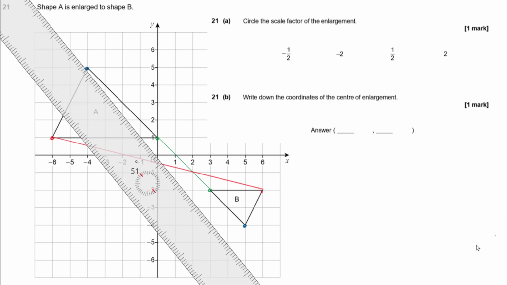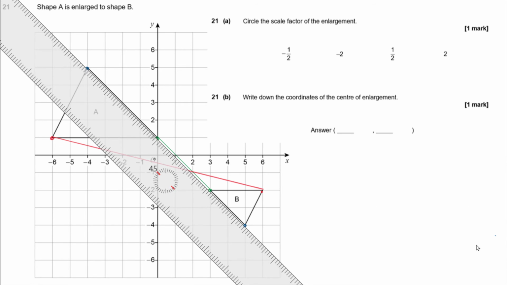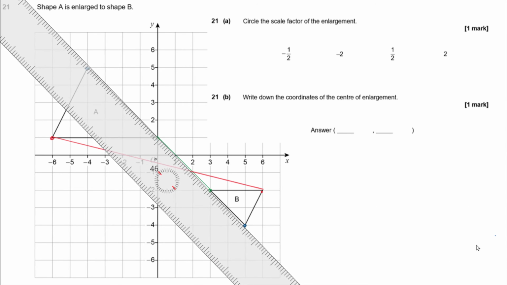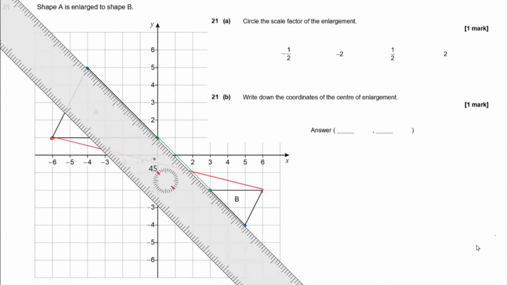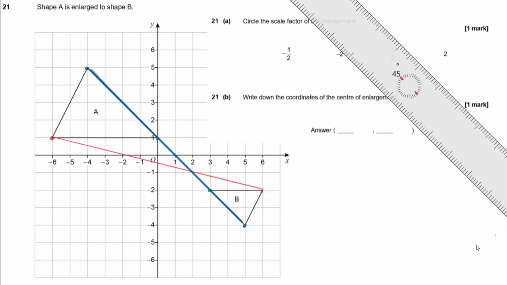If I join those two together, you should find that all your points converge on one spot. Well, actually that just goes through my other line, doesn't it? So they all meet at one point, which is here, and that's going to be the center of enlargement there.